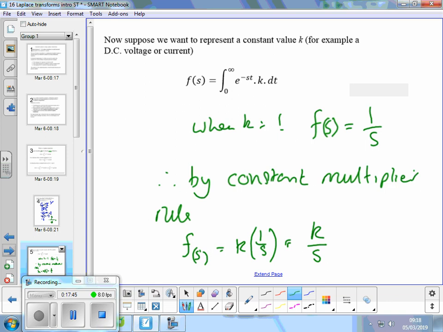So it just shows where that comes from. And you're going to be using that transform starting from next week to express a step voltage.